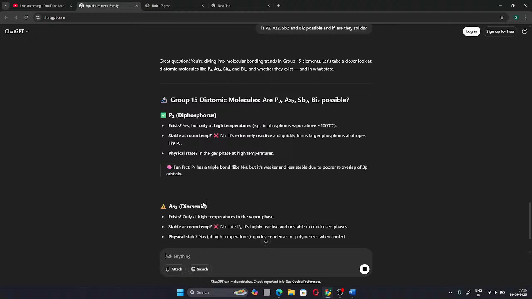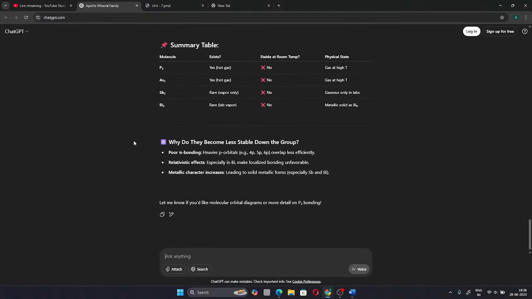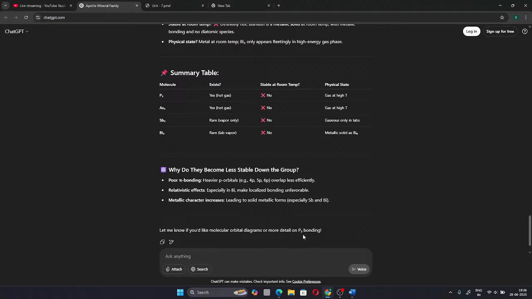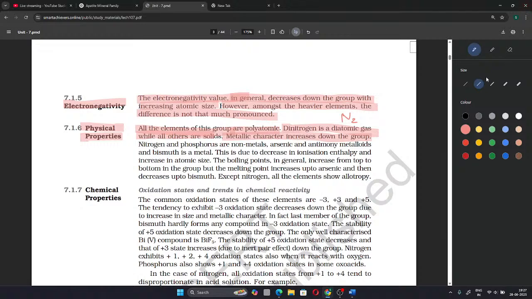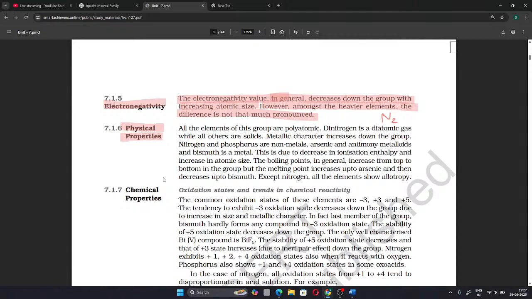I guess they are talking not about diatomic gases but polyatomic substances, which are mostly solid.